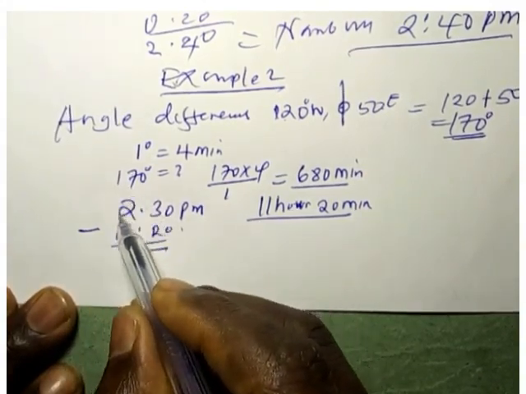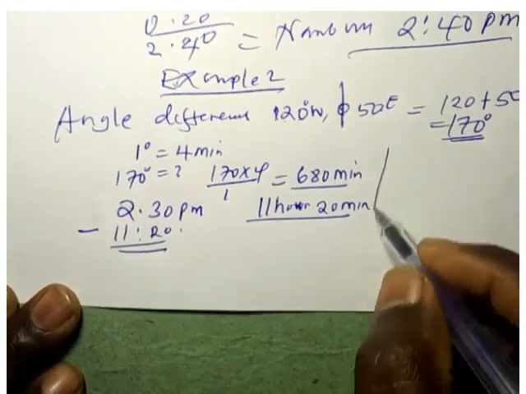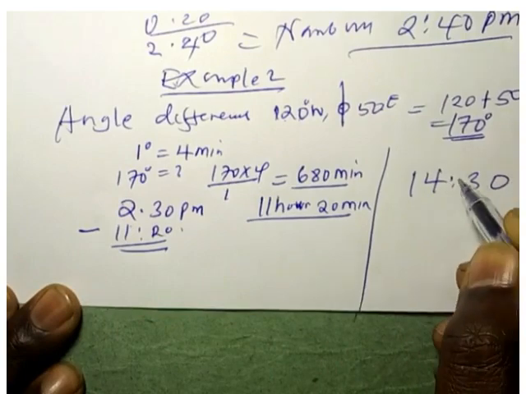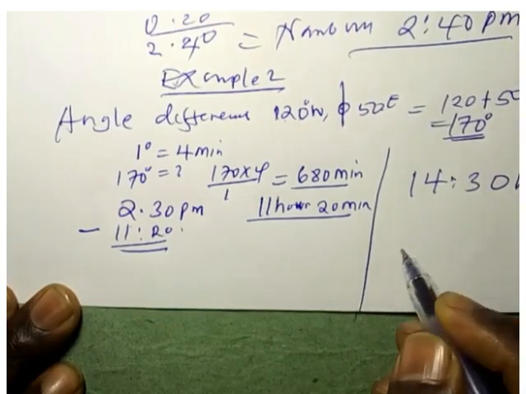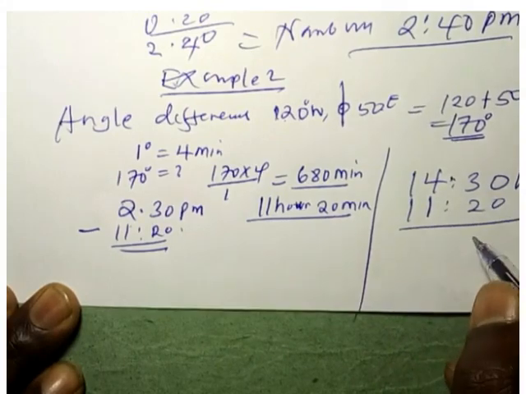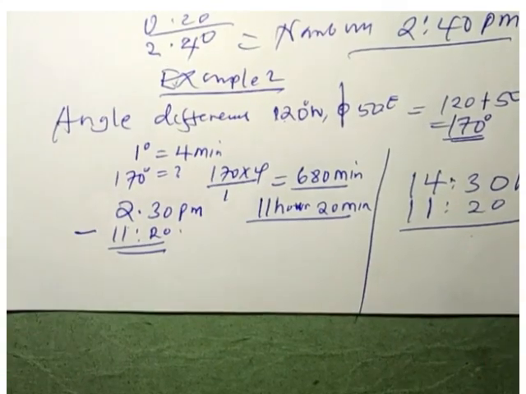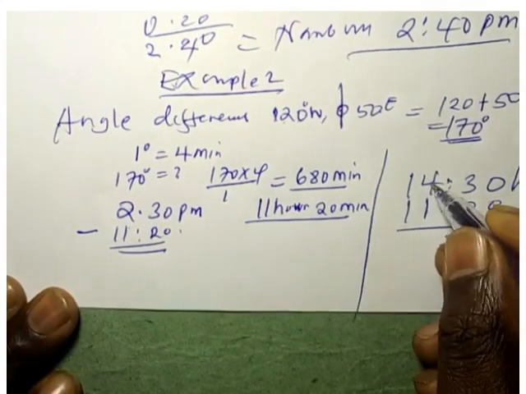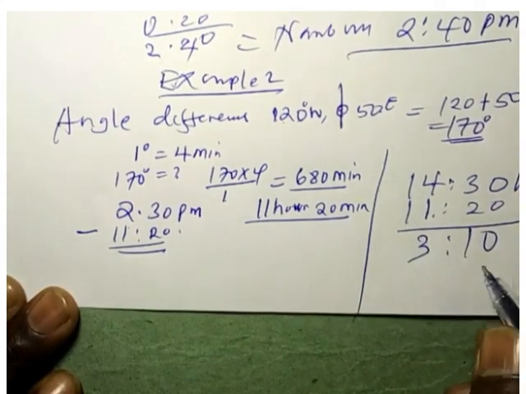So change this time into 24 hours. That will be 14:30 hours, right? And then we subtract 20 minutes, which gives 10, and 14 minus 11 gives 3.